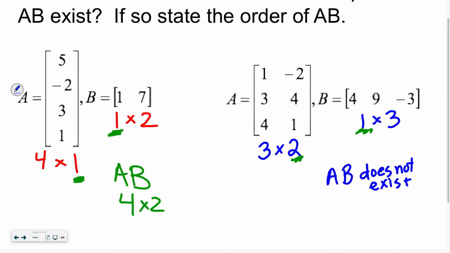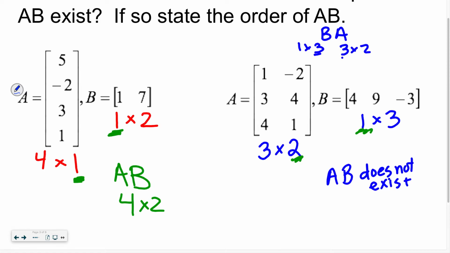Could you multiply B times A? Yeah. So it's possible, like one way I can't multiply, but the other way I can. Because if I did B times A, that would be a 1 by 3 and a 3 by 2.